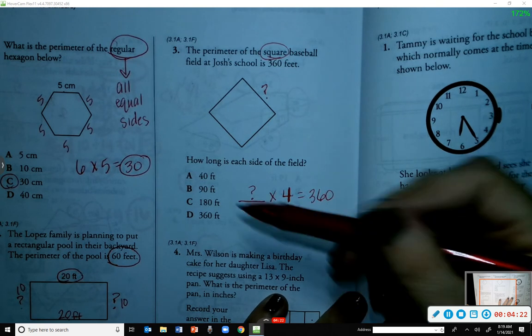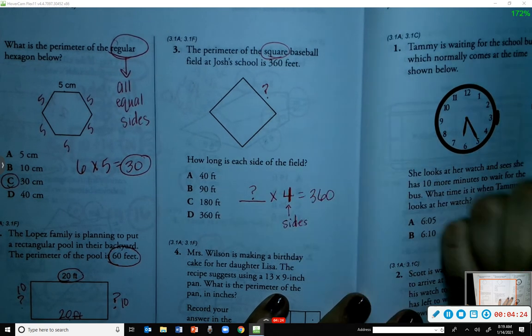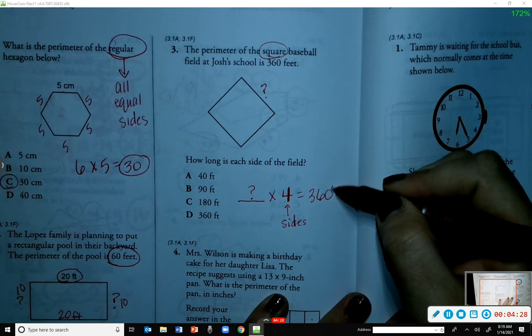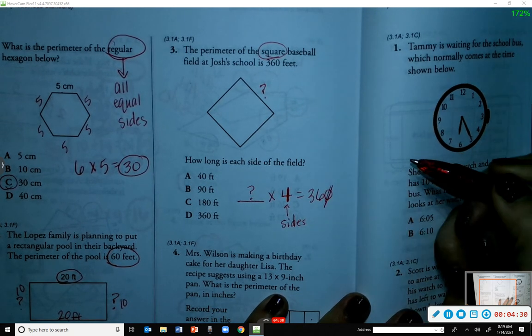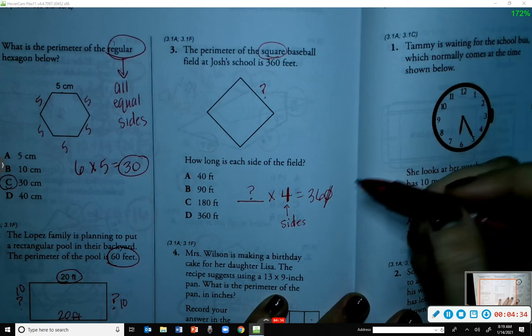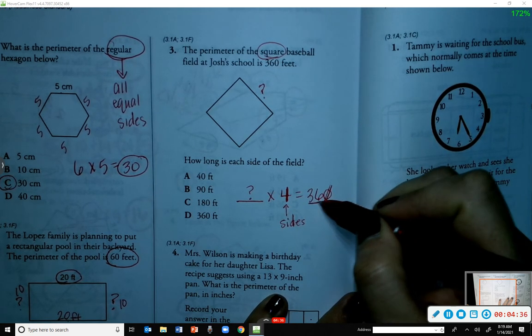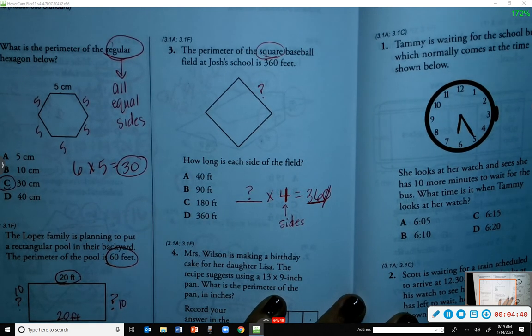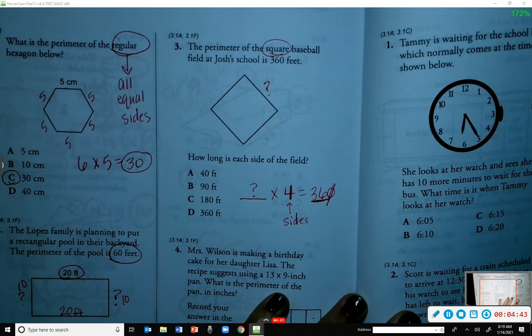Okay? So we need to figure out what number we can multiply by 4 to get 360. Well, I know it's going to have a 0 on the end. So I'm going to take the 0 out. That might help. So now I'm going to ask myself what number times 4 would give me 36. If you're not sure, what could you do?